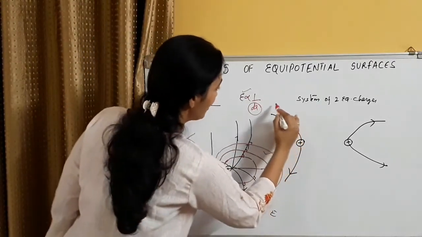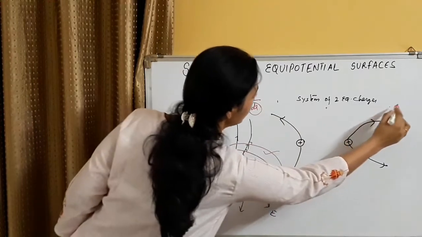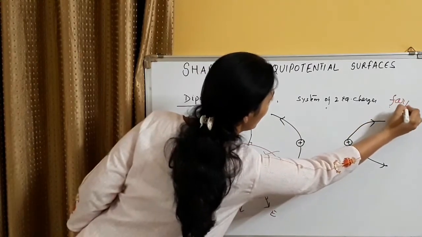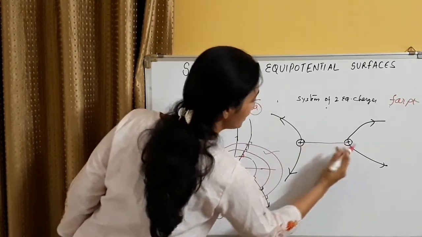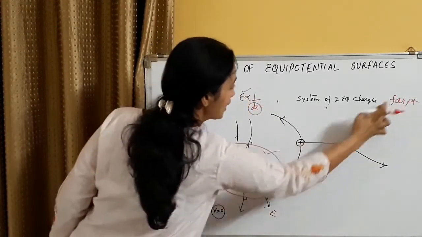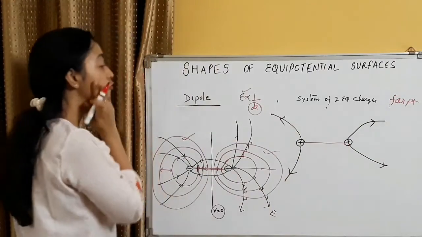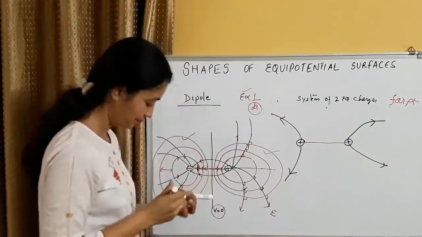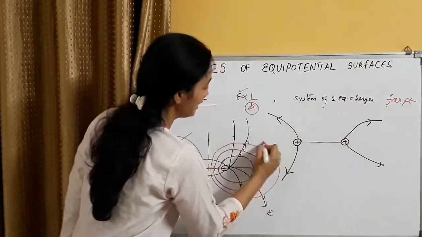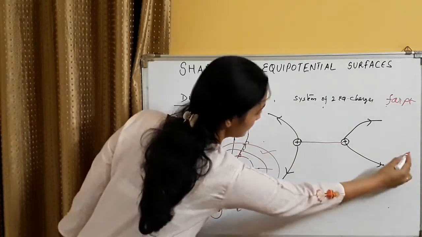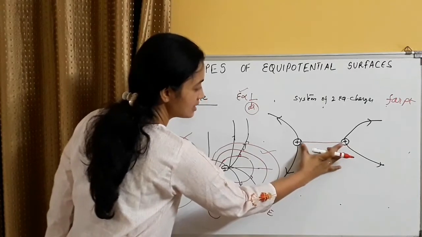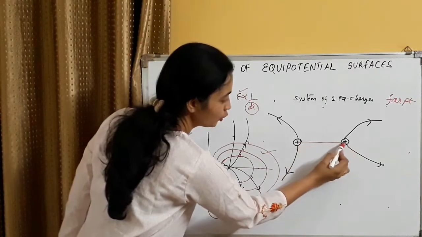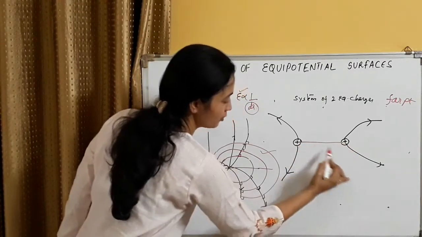Now, if I take any far off point, for a far point, the distance between these two charges is small, and they act like one single system. Because these charges are close, this distance is less compared to the distance of these points from the charges.